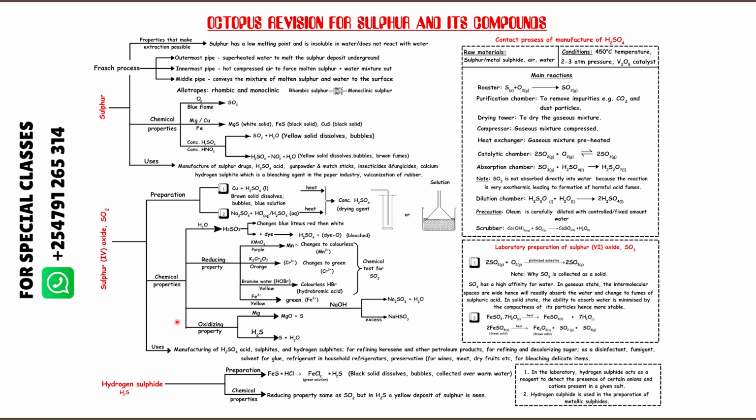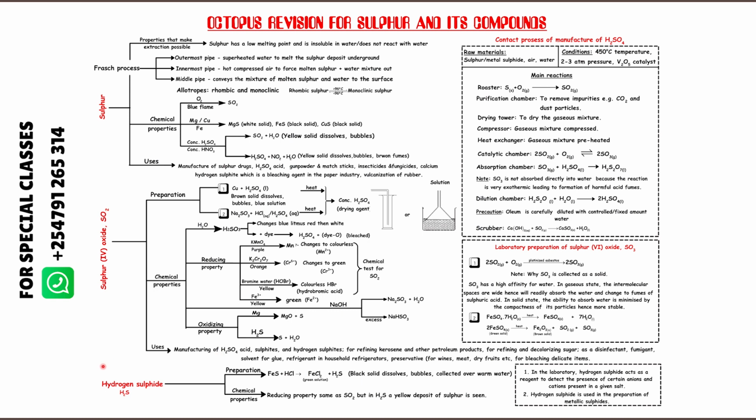So its oxidation state will reduce from +4 in sulfur(IV) oxide to 0 in sulfur. Therefore, it is being reduced. So sulfur(IV) oxide is normally a reducing agent, but hydrogen sulfide is a stronger reducing agent. So when they combine, sulfur(IV) oxide will be the oxidizing agent, while hydrogen sulfide will be the reducing agent.